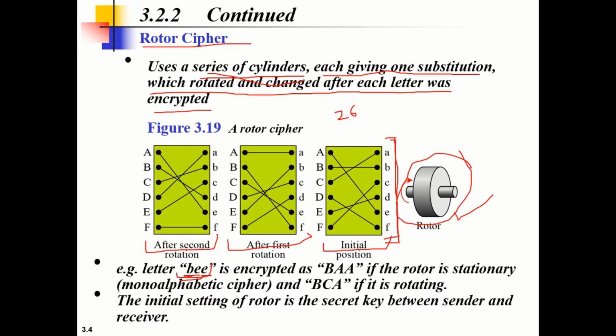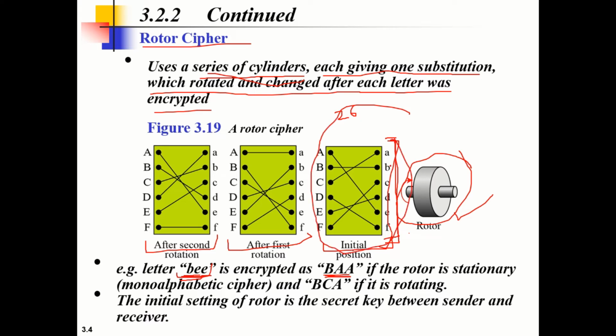Fine. So if we are using only one cylinder, with no rotations, that would be a case of monoalphabetic cipher. What does it mean? For example, this BEE will be encrypted as BAA if we use only this cylinder.